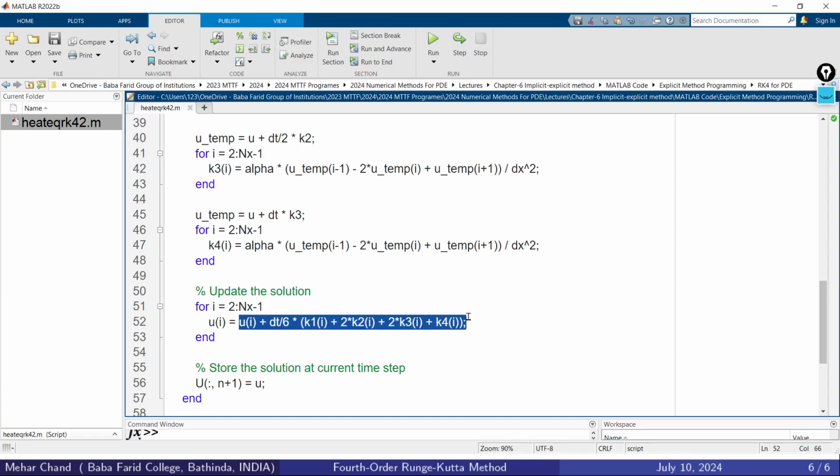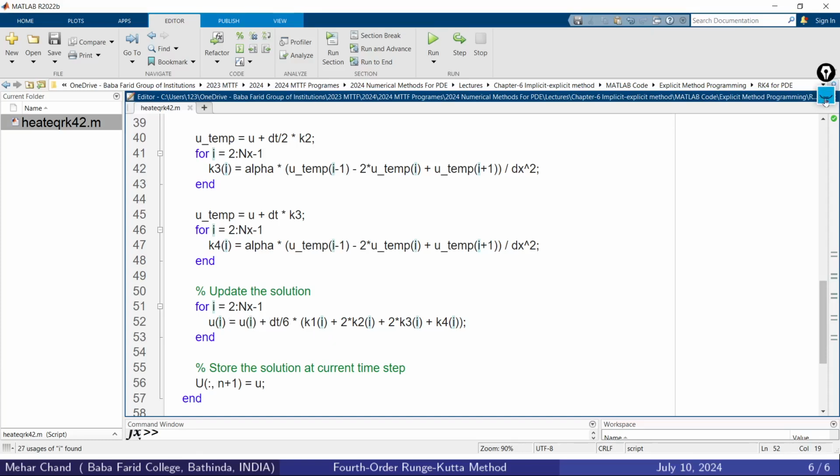The formula is the same as we discussed in the slide: u i plus dt upon 6, k1i plus 2k2i plus 2k3i plus k4i. Note that here the loop runs from 2 to nx minus 1.